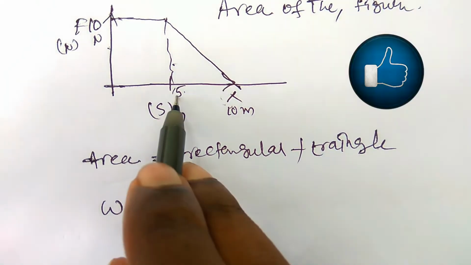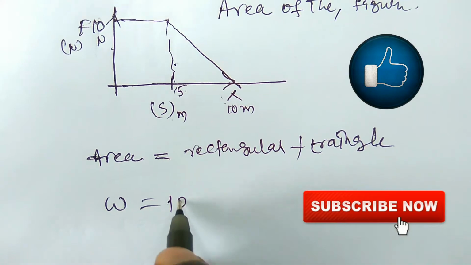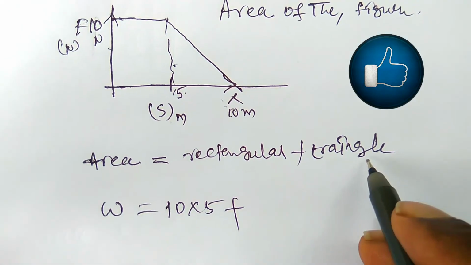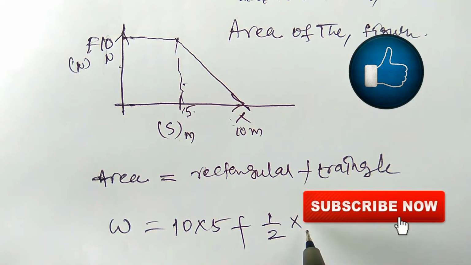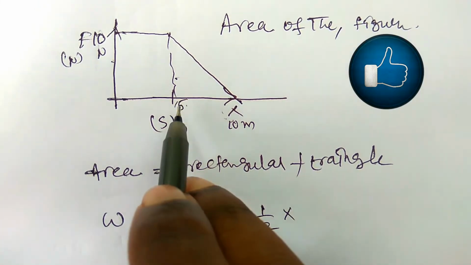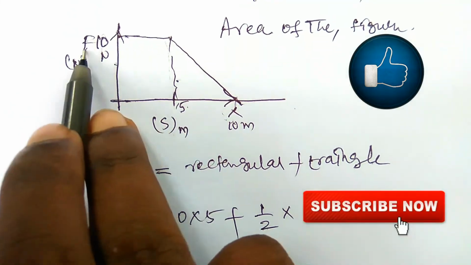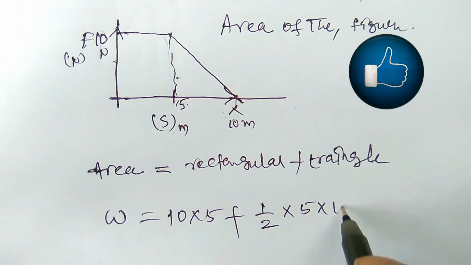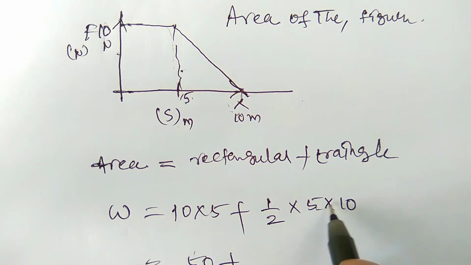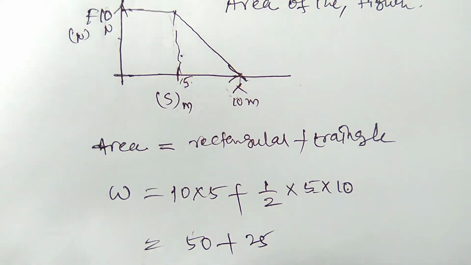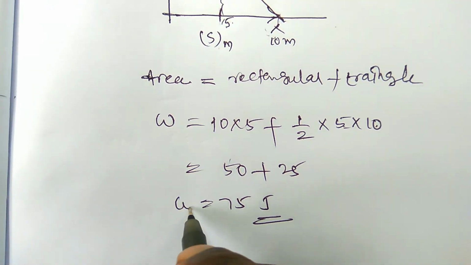The breadth is 5 meters and the length is 10, so 10 into 5, plus the triangle. The area of the triangle is 1 by 2 into base into height. The base, from this to this, is 5 meters and the height is 10 meters. 5 into 10 is 50, and 50 by 2 is 25. So it is 75 joules. The work done here is 75 joules.